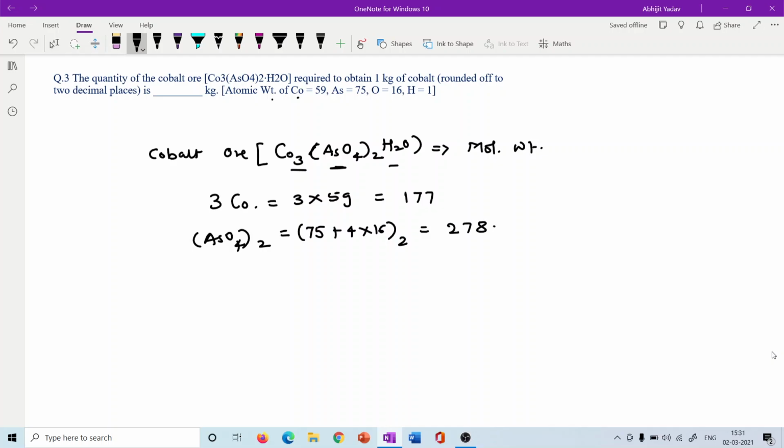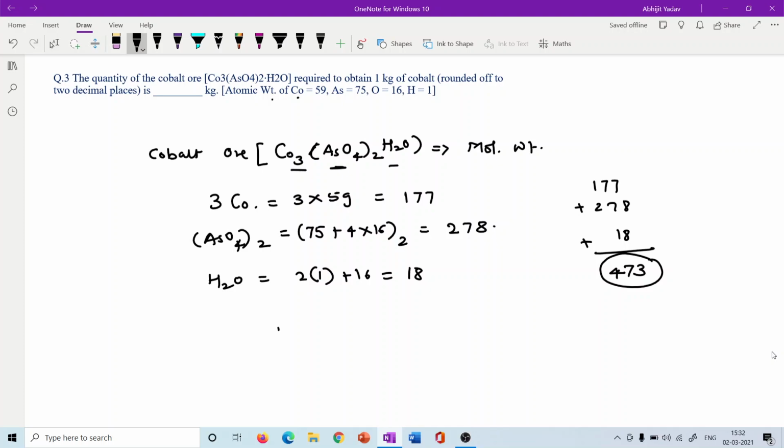And the next one is water: 2 hydrogens, each carrying 1 atomic weight, plus 16, comes out to be 18. Now we make the summation: 177 plus 278 plus 18 comes out to be 473.